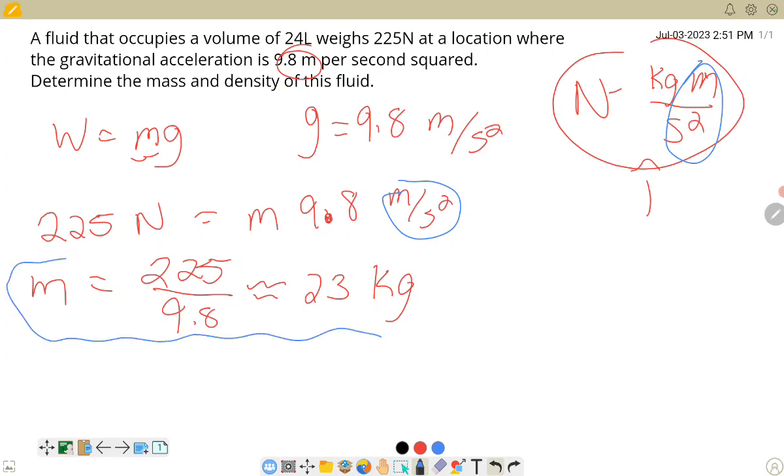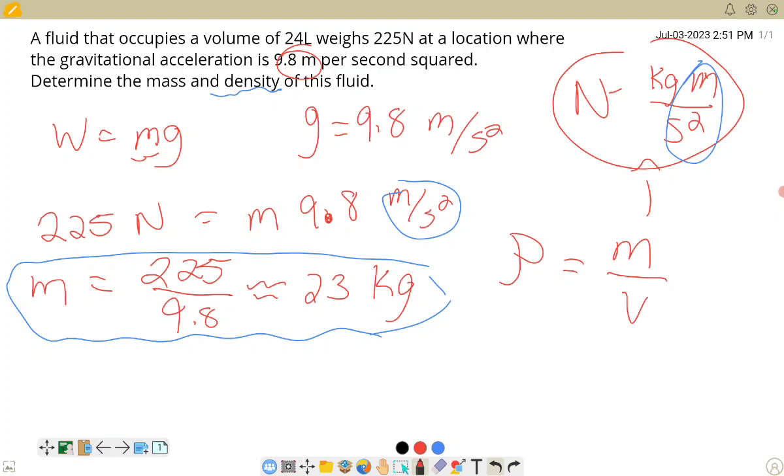So that was the first part of this problem, but we have another part which asks the density of the fluid. So we should note the equation for density, which is rho, the mass per unit volume. And now we know what the mass is. However, we like to be sure that we have proper units here.